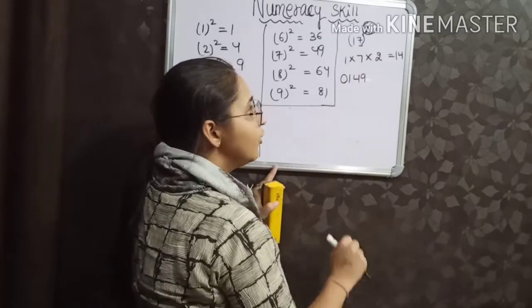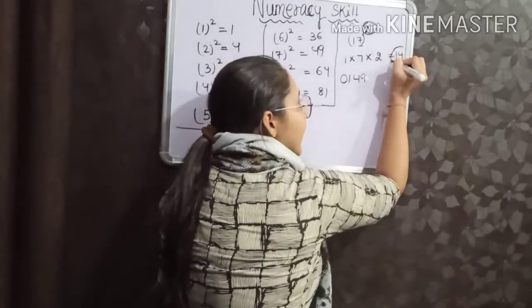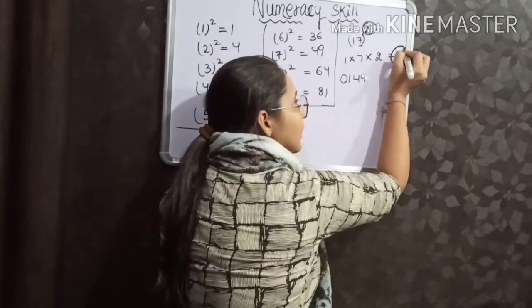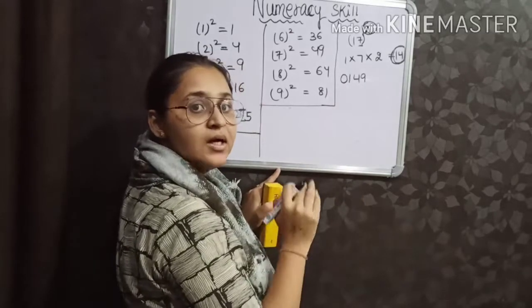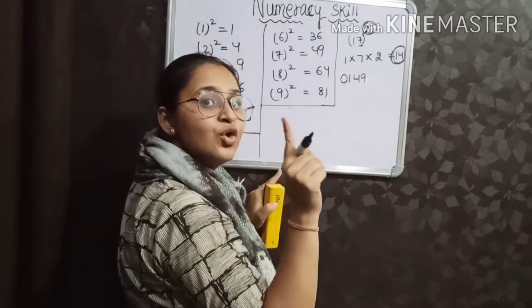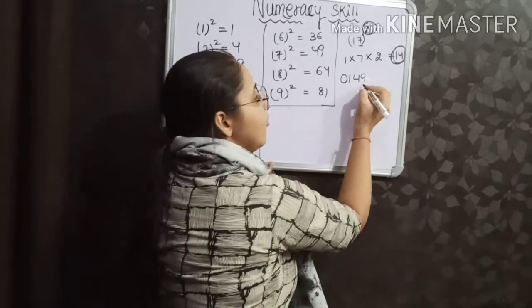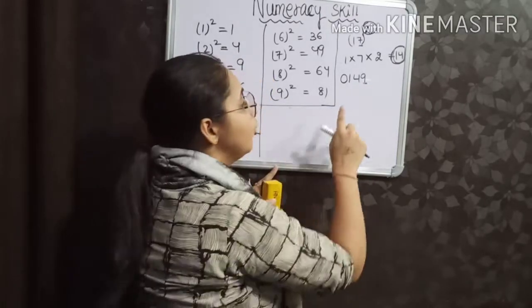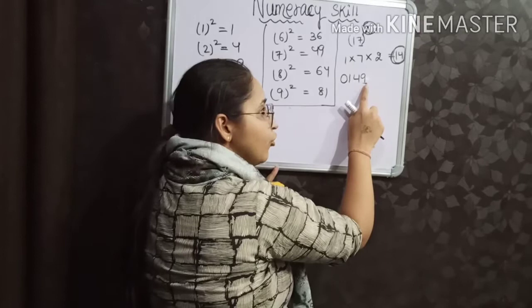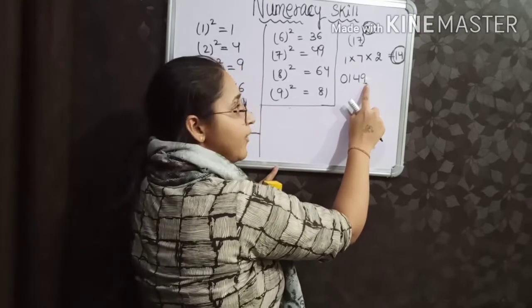Now what will you do? You will write this part, this 14, under this number, such that you leave one digit from the right side.